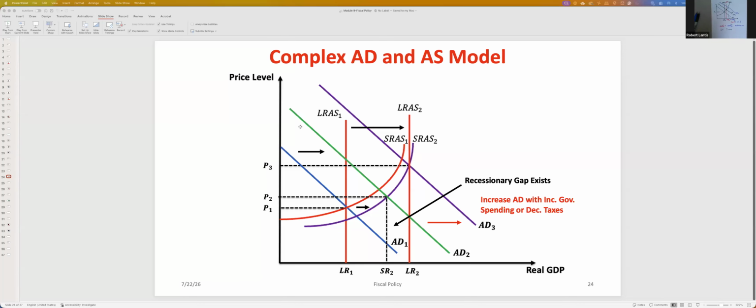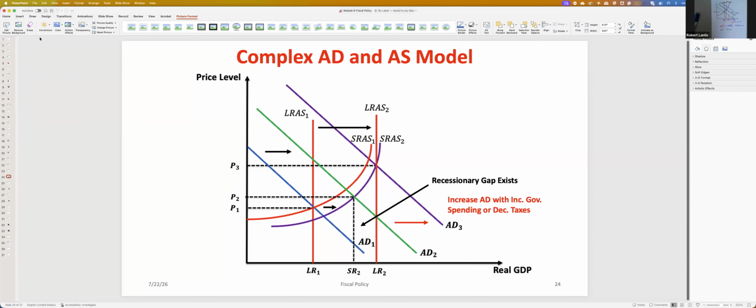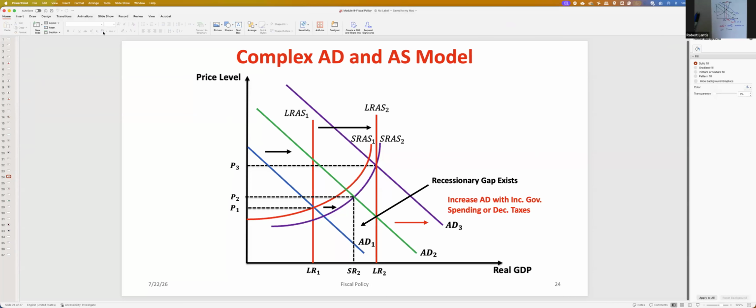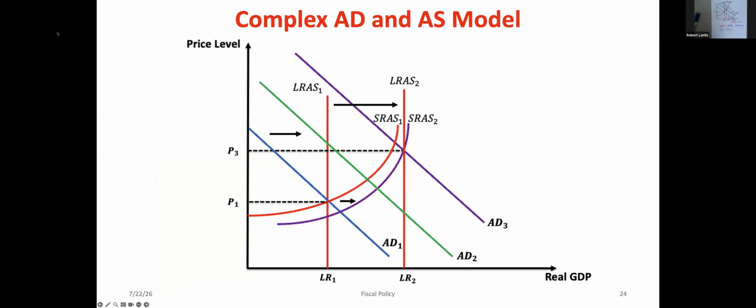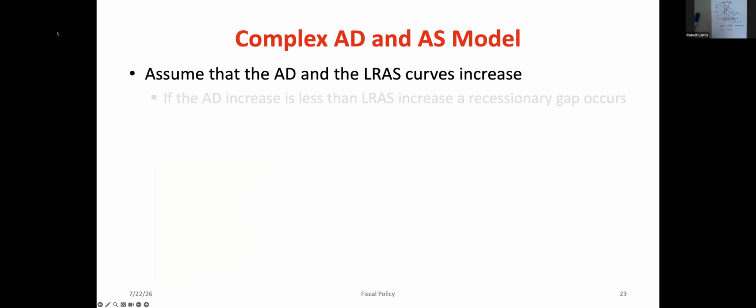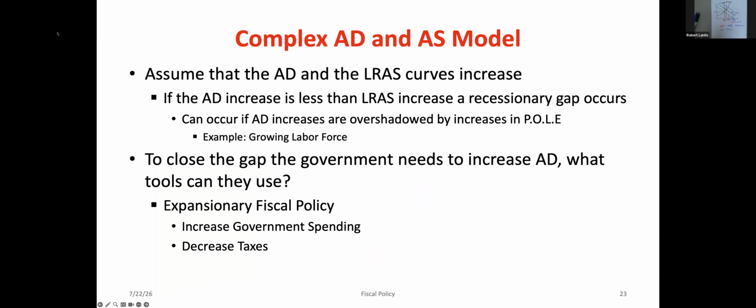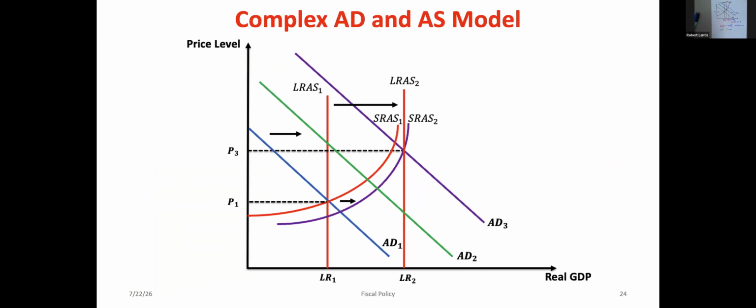Okay. So let's just look at this slide and I'll build the other one out for us. But let's say we started out, and now we're going to factor in, even if we have simultaneous changes.